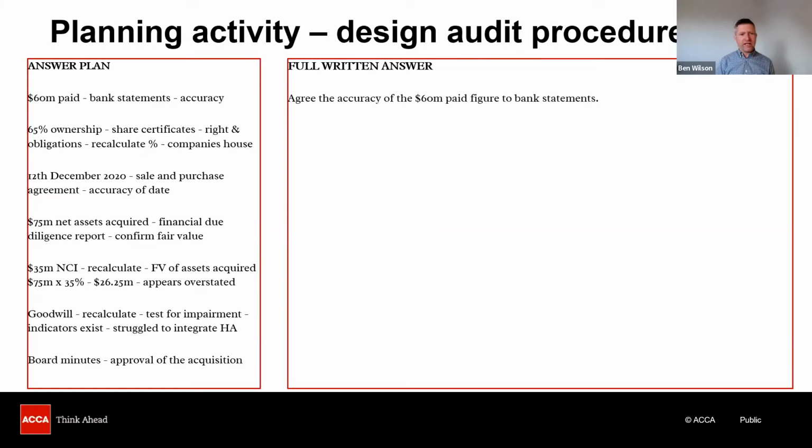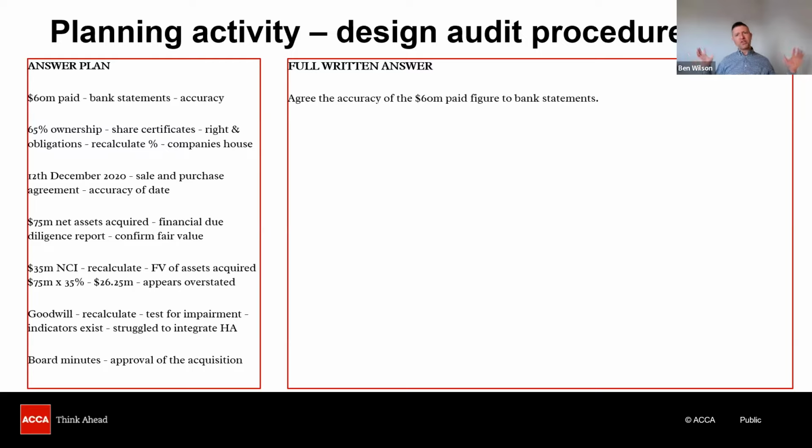Okay, so I'd agree the accuracy of the 60 million paid figure to bank statements. Full stop. Now, you'll see some students write that point in double the number of words. Obtain the bank statements for the company and ensure that the 60 million paid figure for the business agrees back to the bank statements on the 12th of December.